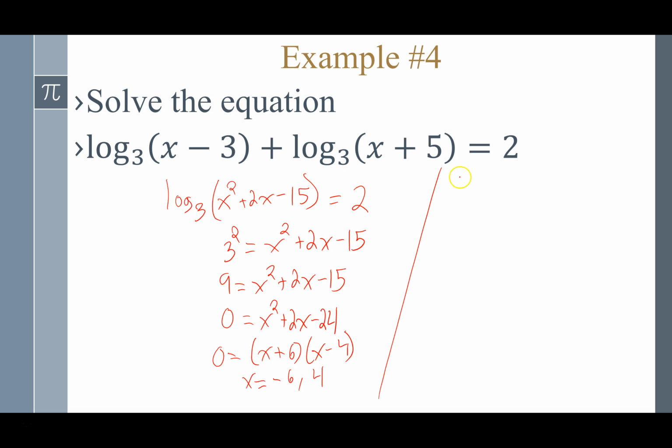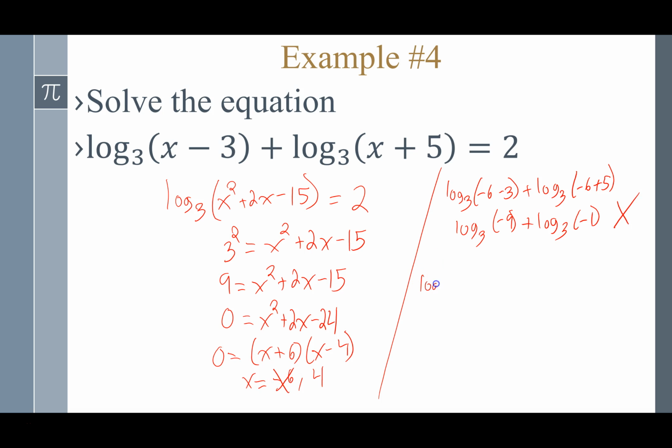Again, plugging back in, log base 3 of negative 6 minus 3 plus log base 3 of negative 6 plus 5. We'd have log base 3 of negative 9 plus log base 3 of negative 1. Both of those are negative, but again, all it takes is one expression to be negative for that to not actually be an answer.